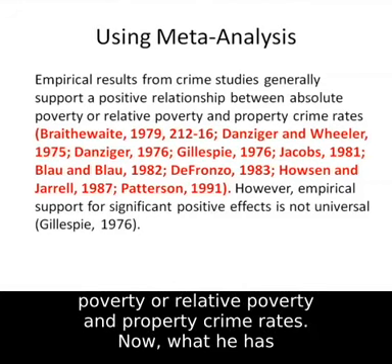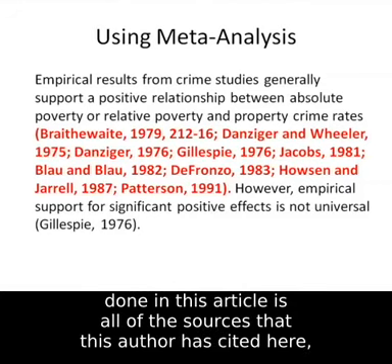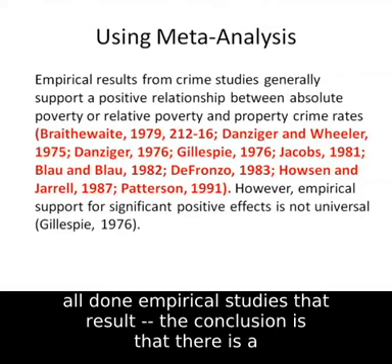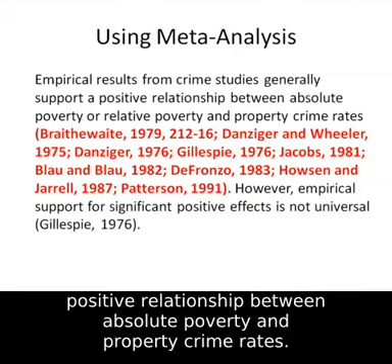Now, what this author has done is that all of the sources he has cited here have empirical studies. They've all done empirical studies, and the conclusion is that there is a positive relationship between absolute poverty and property crime rates.